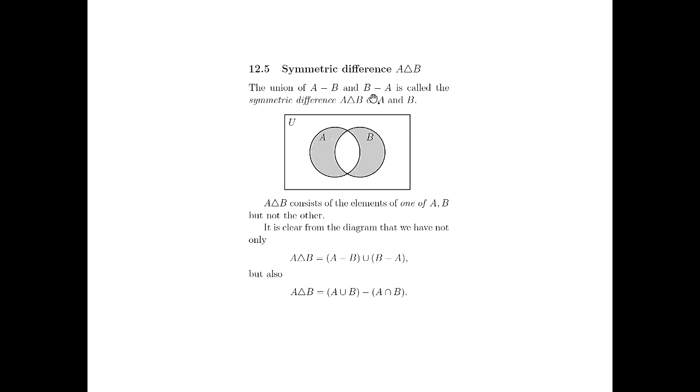Yes, yep. So you can think of this in a couple of ways. One is to think of it as being the union of this sort of crescent here, which is of course A minus B, and this crescent here, which is B minus A. You can write it like this.